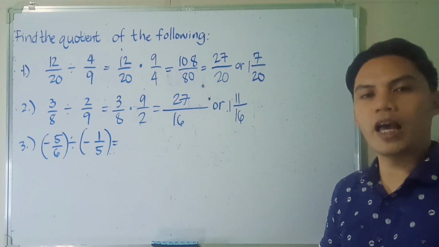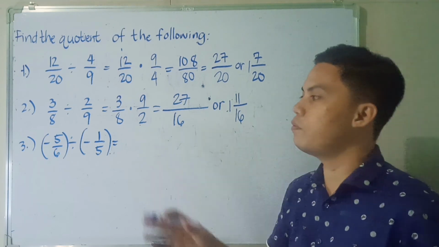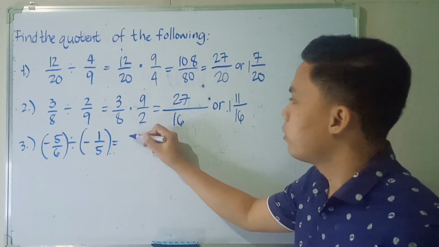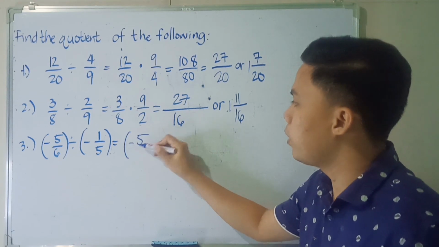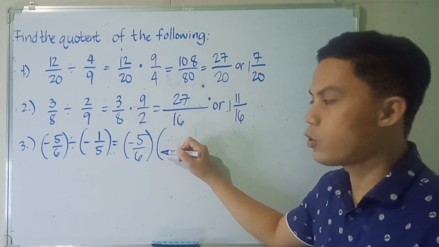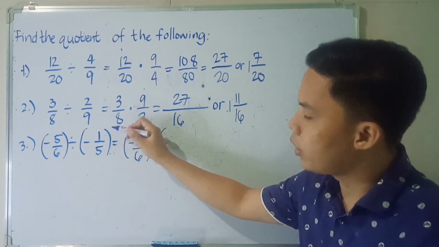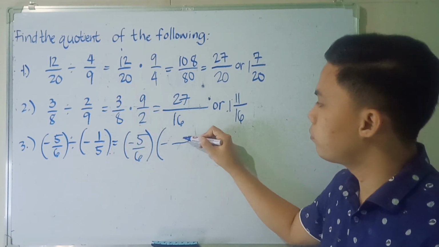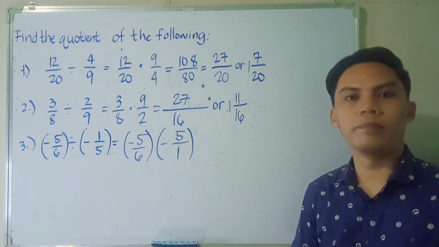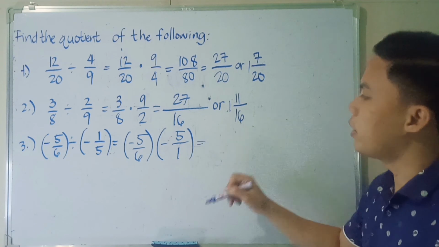Okay, let's proceed with the last problem. So, we have negative 5 over 6 divided by negative 1/5. Again, copy yung dividend. Proceed to multiplication. Then, reciprocal ng negative 1/5. Magiging 5 over 1. Okay, multiply natin.